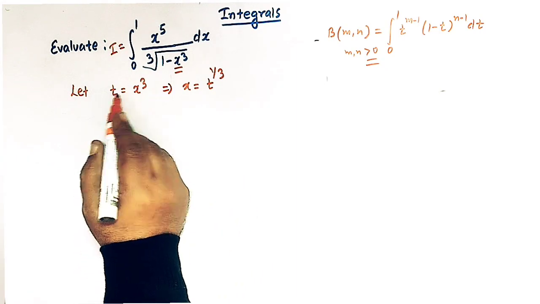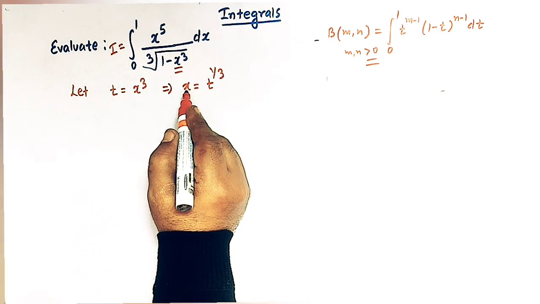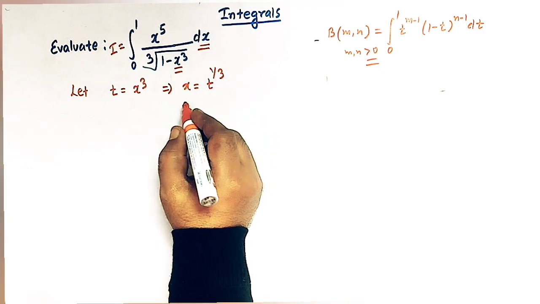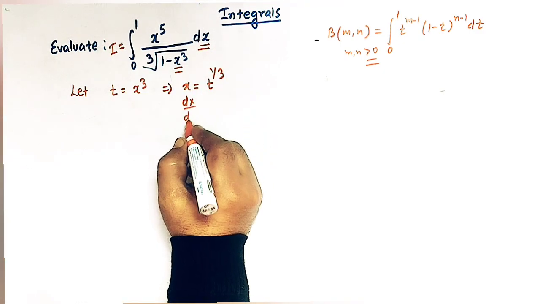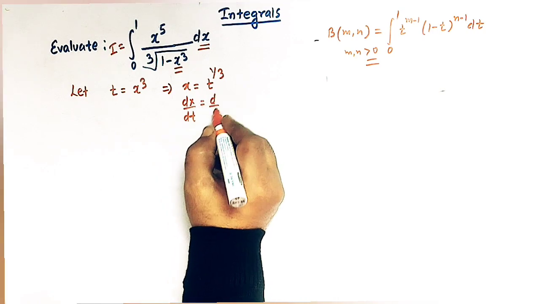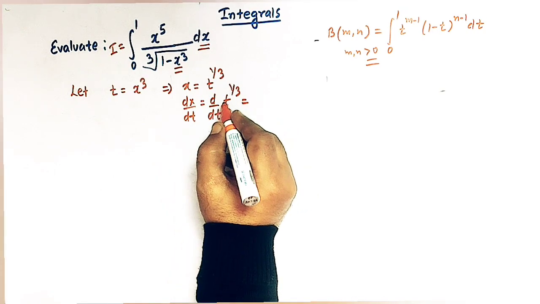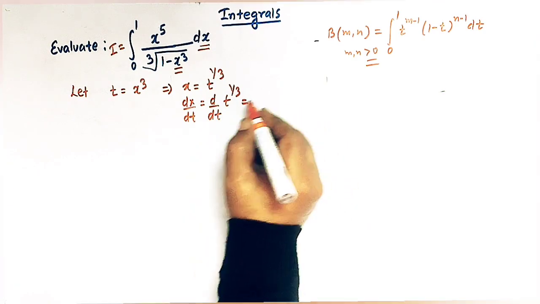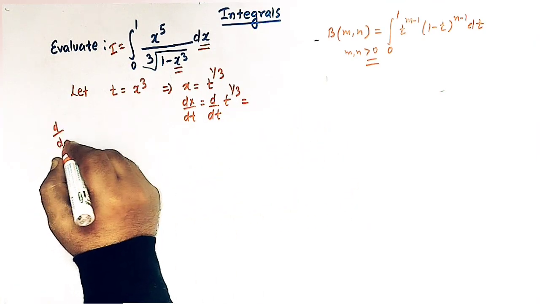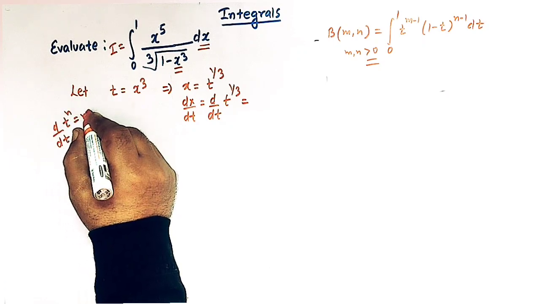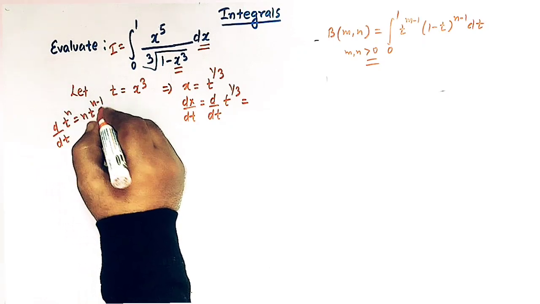Now let us differentiate x with respect to t to get the value of dx. So we have dx over dt, that is equal to d by dt of t raised to 1 over 3, and using the power rule here, that is d by dt of t raised to n is given by n t raised to n minus 1.